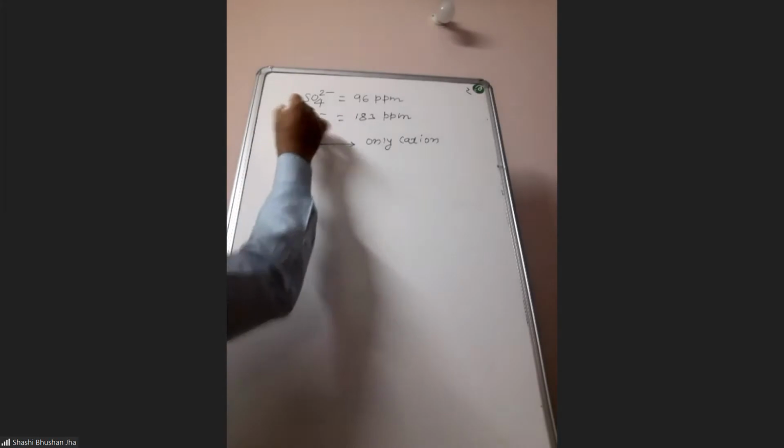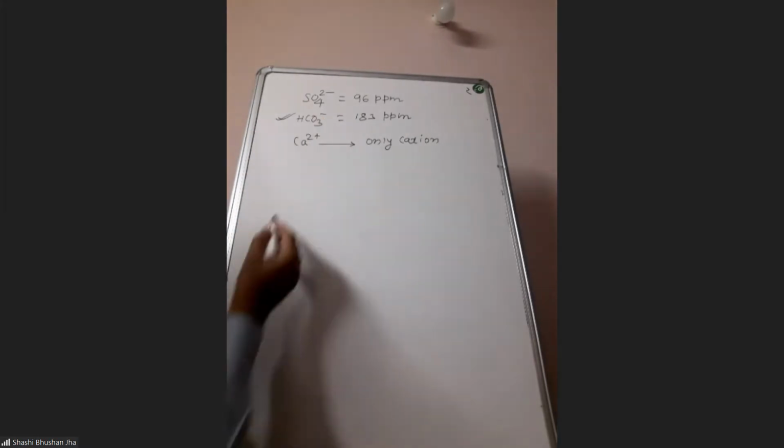Now they are asking to calculate the number of moles of calcium oxide that will be required to remove bicarbonate from 1000 kg of this water. So you have to calculate how many moles of calcium oxide will be required to remove bicarbonate from 1000 kg of this water. Now bicarbonate concentration is 183 ppm.